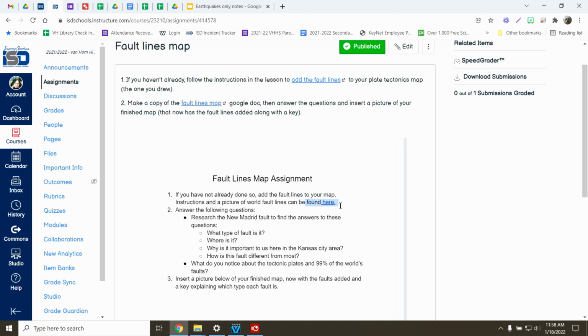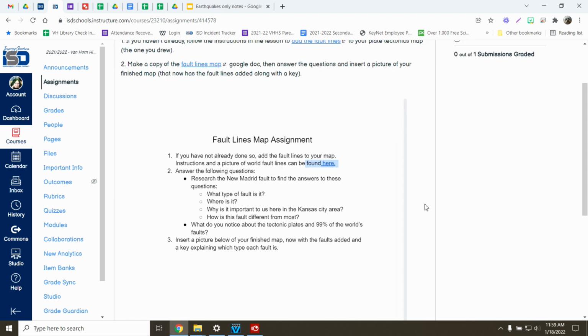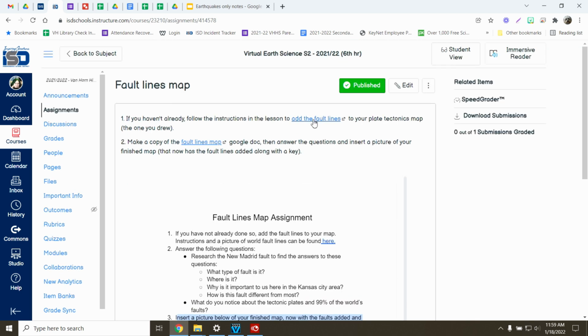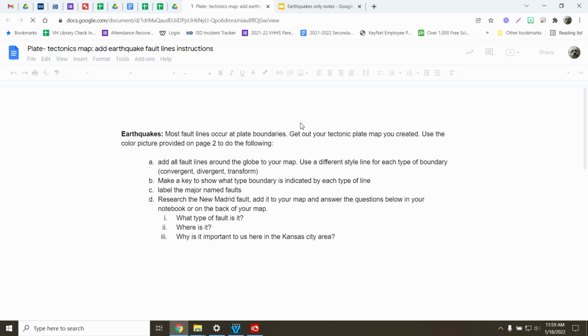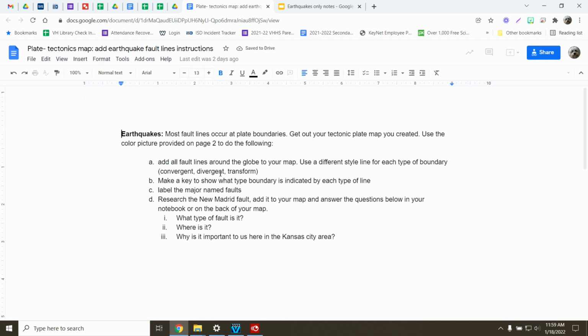Again, this is a link to where to find instructions for adding fault lines to your map. Then you're going to answer these questions for number 2, and then insert a picture of your finished map down here below this and submit this assignment. So the instructions for how to fill in the fault lines on your map are at this link. You're going to add all your fault lines around your globe. Use a different style of line for each type of boundary.